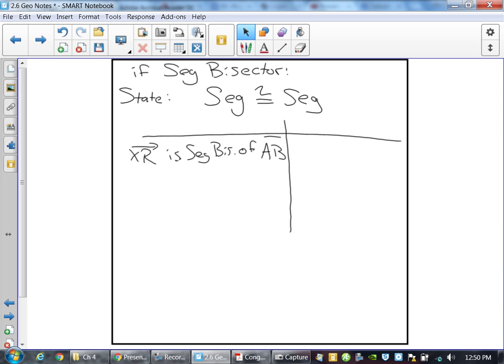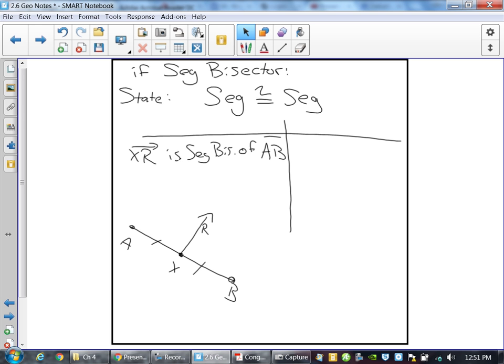So if the ray is XR, what's the endpoint? X. X is the endpoint because it doesn't have the arrow over it. Now, if it's the segment bisector of AB, AB is my endpoints. XR just hits it in the midpoint, hits it in the middle.